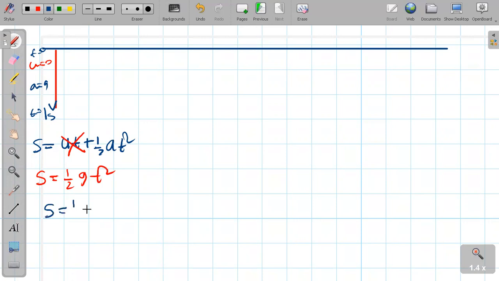Half into 10 t square. This and this cancelled off. What about height? 5 t square. Did you understand how it varies? Children, did you understand? 5t square. There is no sin in remembering this.